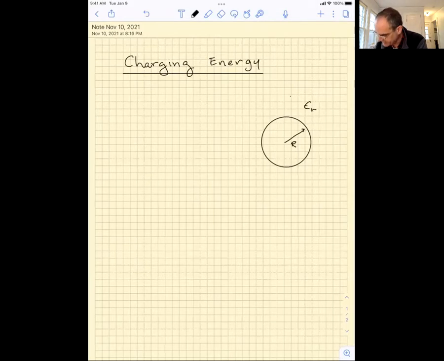Finally, let's imagine this carries a charge, Q, which is just N times e. It carries a charge because it has an excess of N electrons, okay? Let's calculate the energy required to bring one more electron to the surface of this quantum dot.